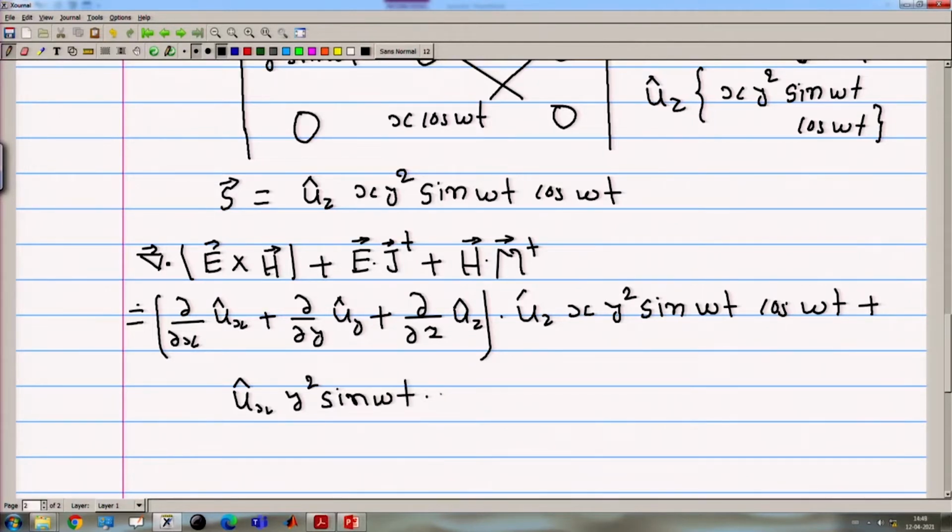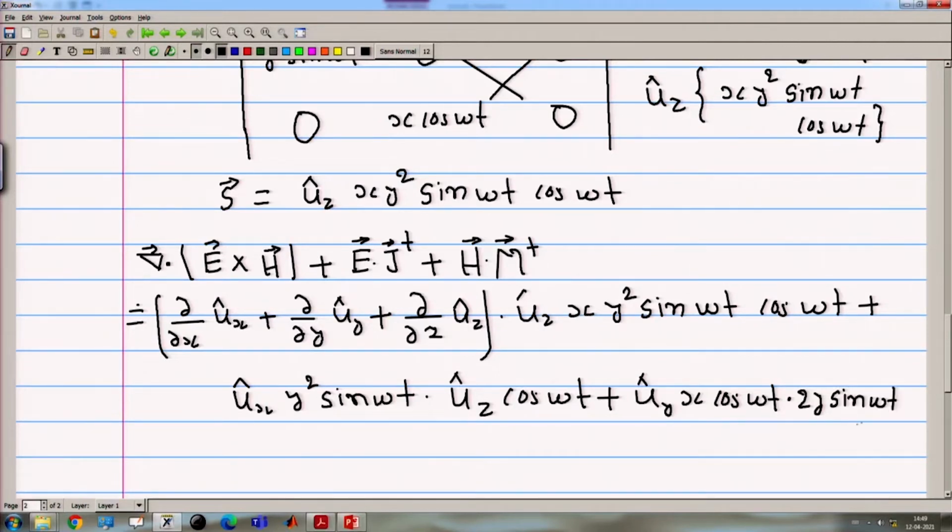J t value is U z cos omega t. Plus H: the H value is U y x cos omega t dot product with M t. M t is 2 by sin omega t into U z.